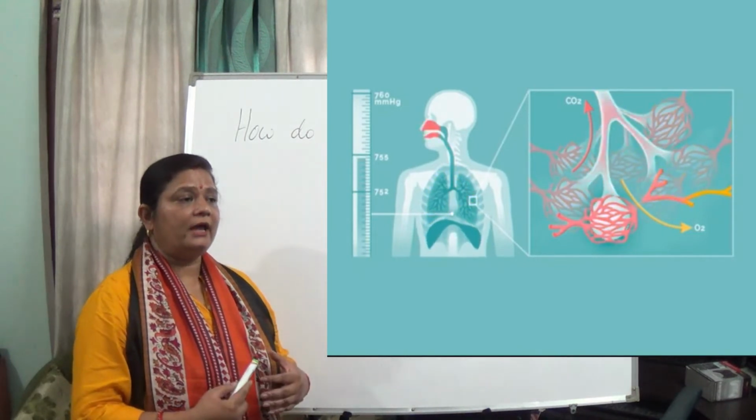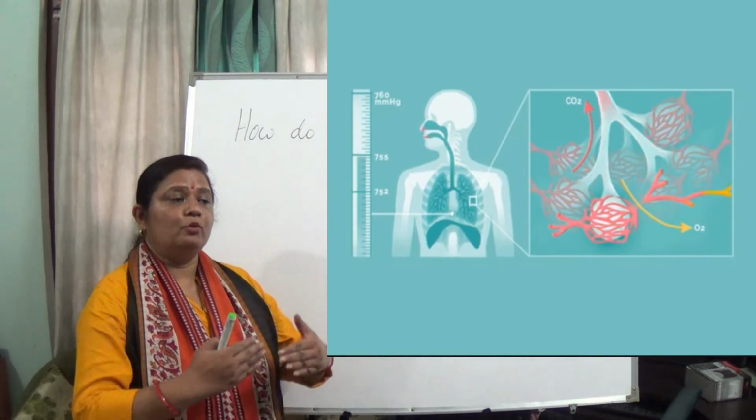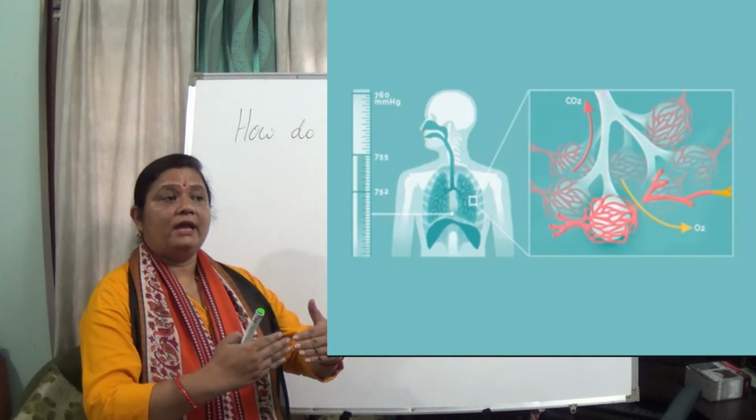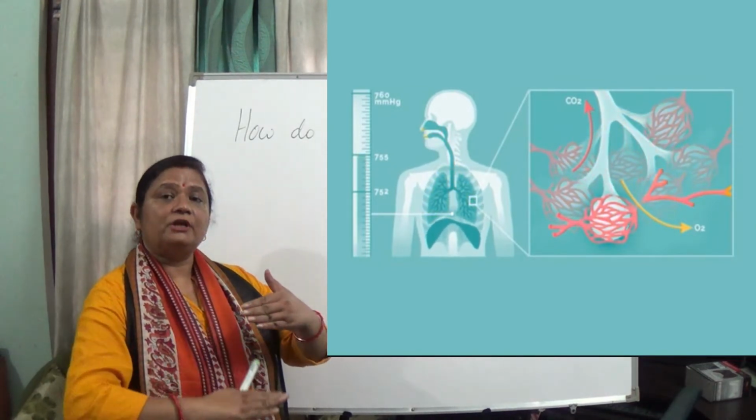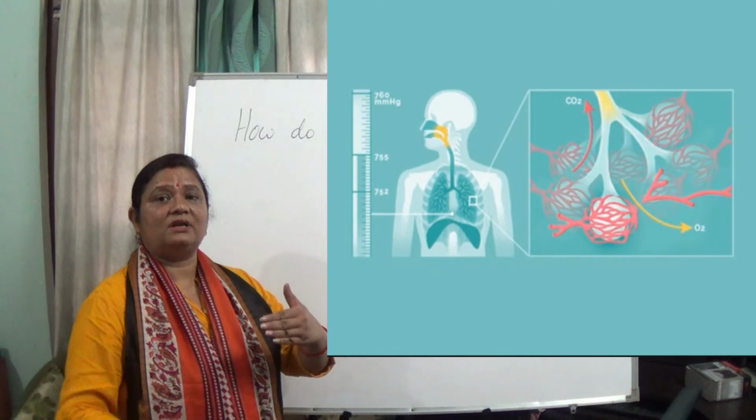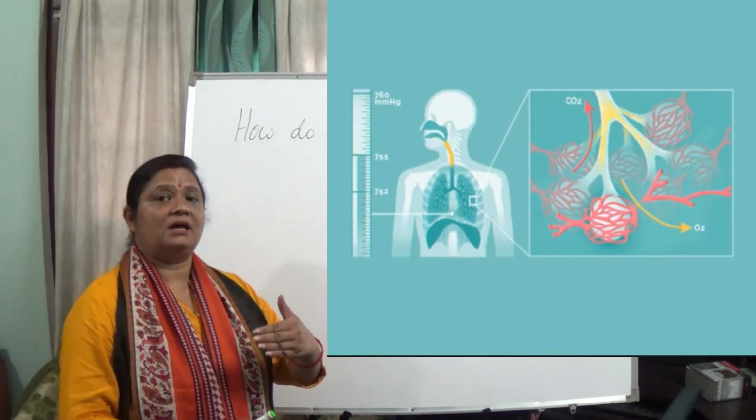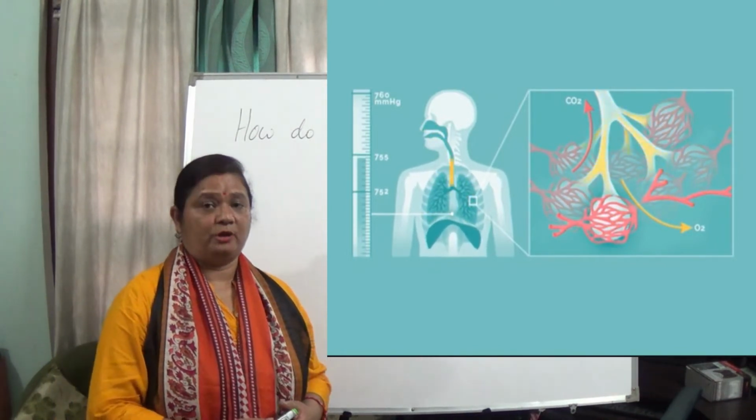So what happens when we inhale the air? The chest cavity moves outwards and our diaphragm moves down. The diaphragm is a muscular structure which divides the thoracic cavity and the abdominal cavity.